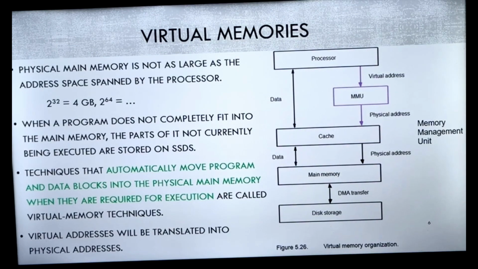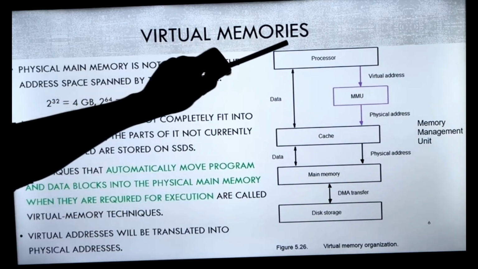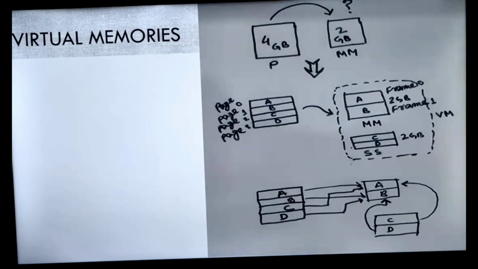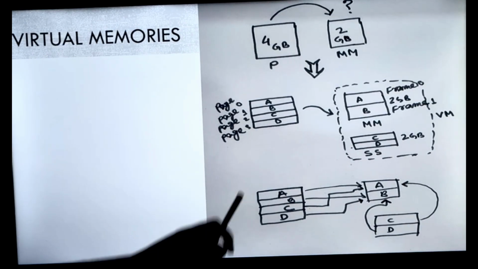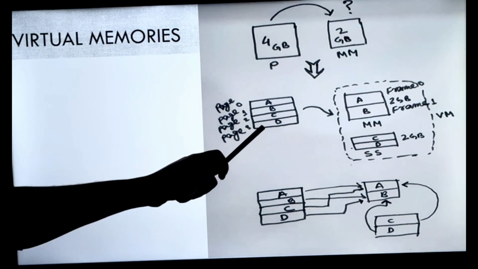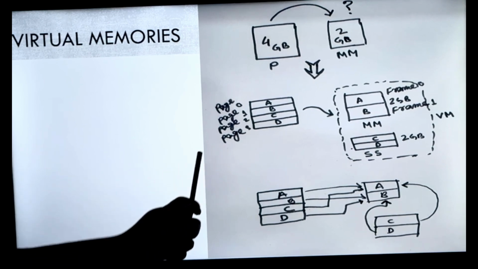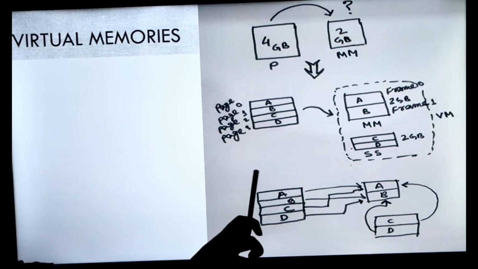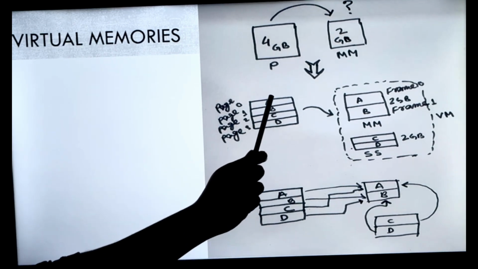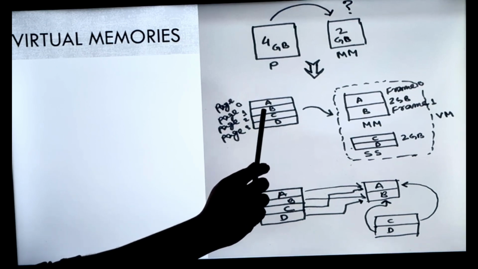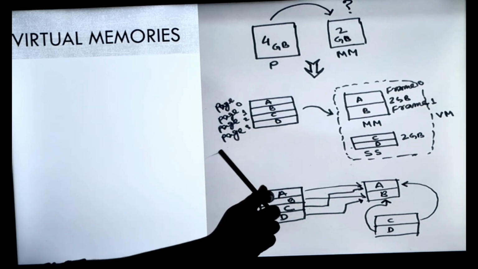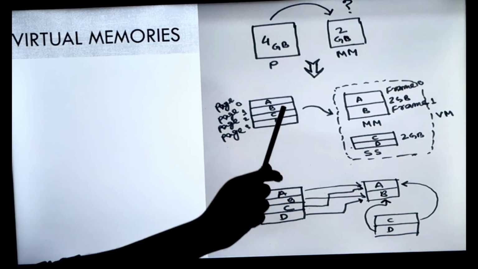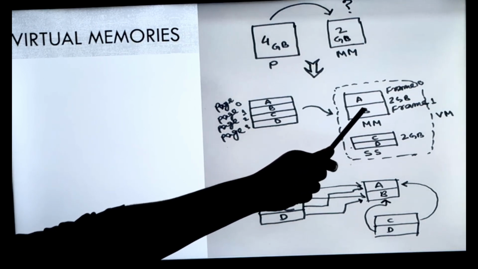So you have a block diagram of how it works. Your processor, now one more thing I forgot to explain here. Whenever your processor, this is the game or process, right? Whenever your processor generates an address to execute any one of these stages or pages, it will generate the address in terms of 4 GB, not in terms of 2 GB.